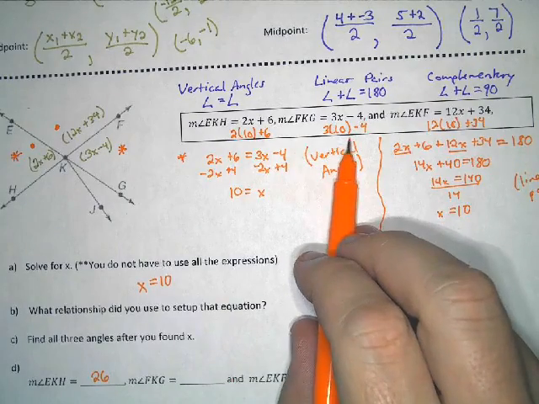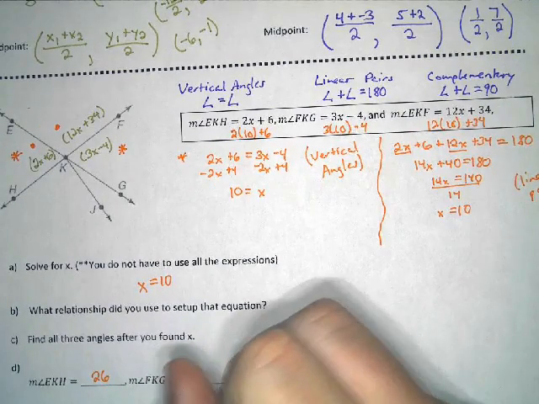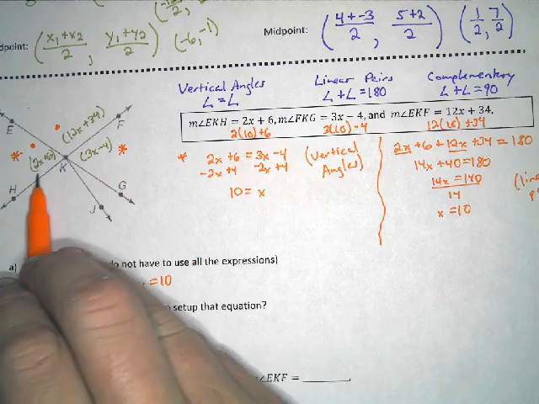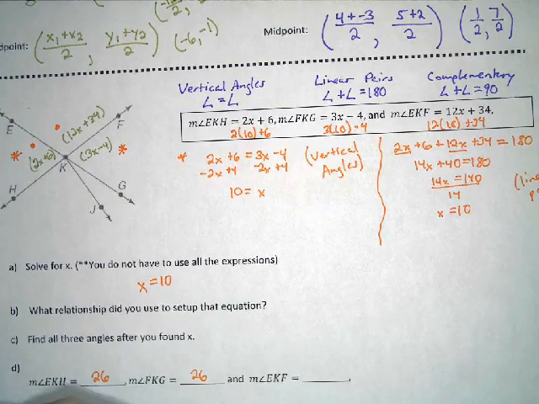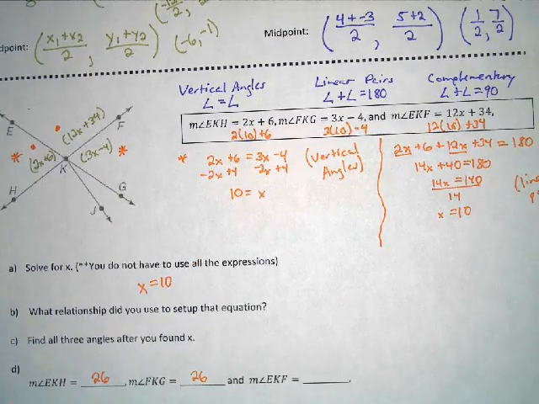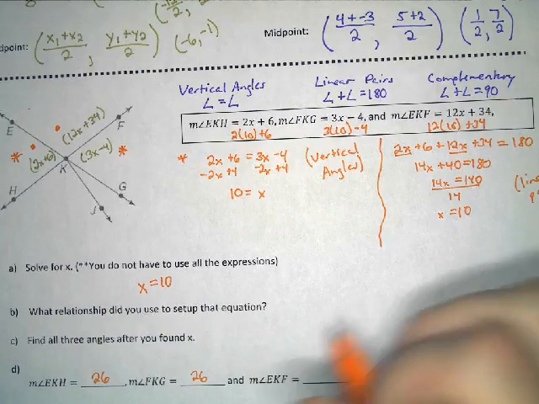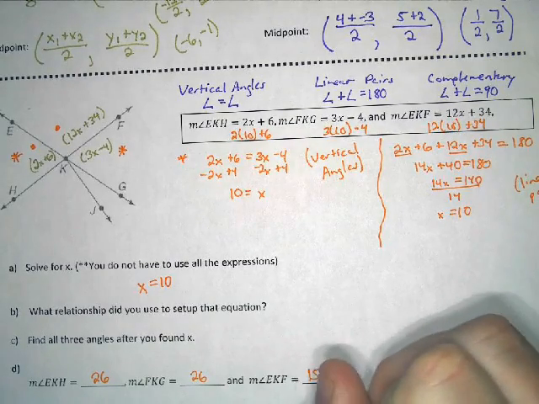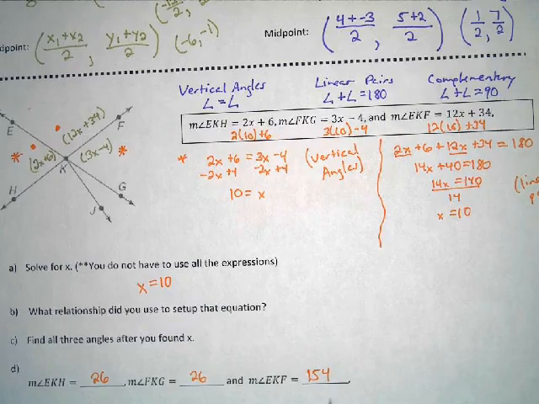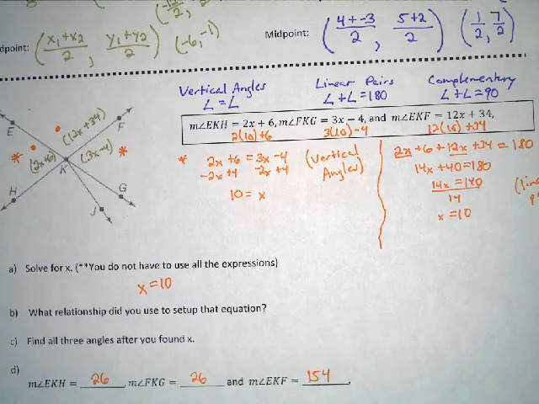This one, we also get 26, which makes sense because they both have to be equal to each other for them to be vertical angles. And then the last one, we get 154, which makes sense because 154 plus 26 is 180, and they need to equal 180.